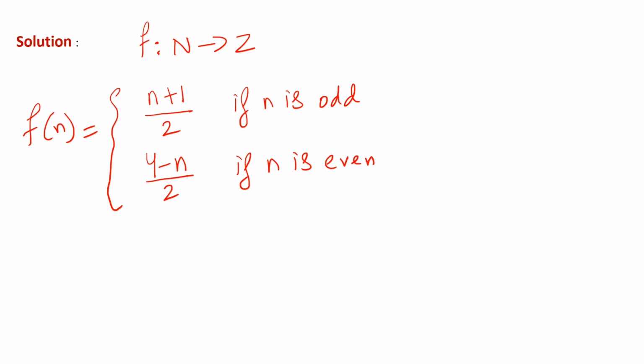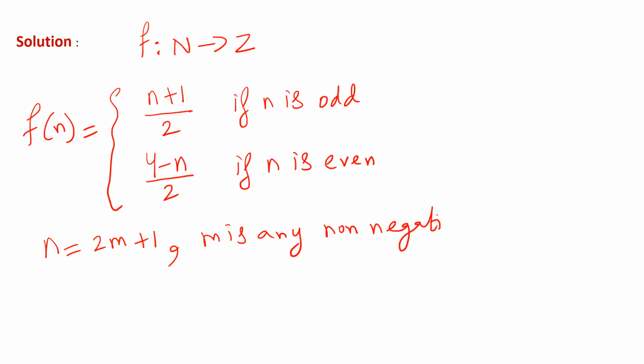Now when n is odd, I can put n equal to 2m plus 1, where m is any non-negative integer. That means m is any integer greater than or equal to 0. Now, when we consider this case, then the value of f of n becomes equal to 2m plus 1 whole divided by 2, which is equal to m plus 1.